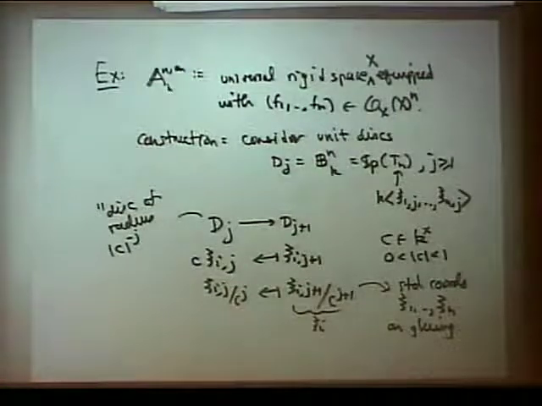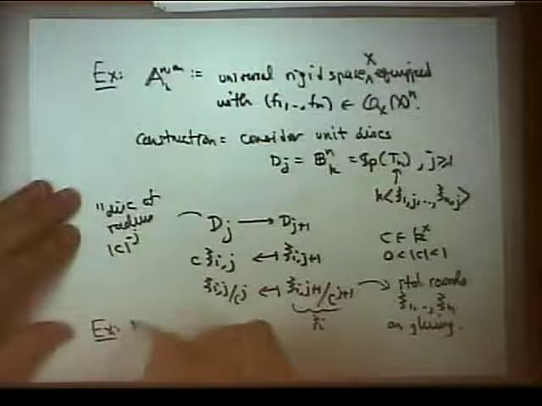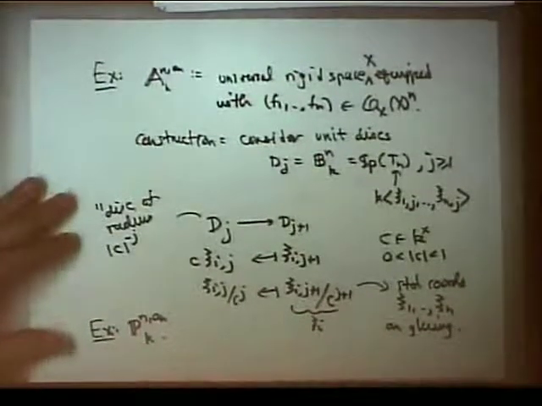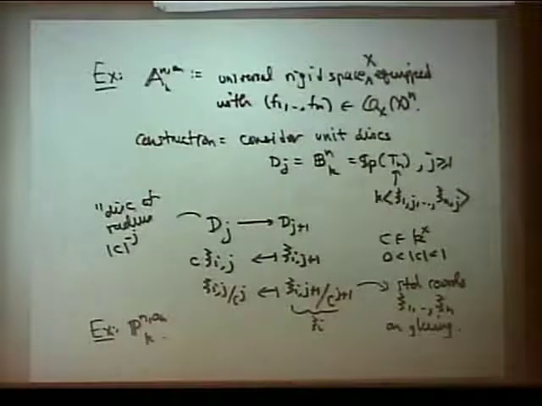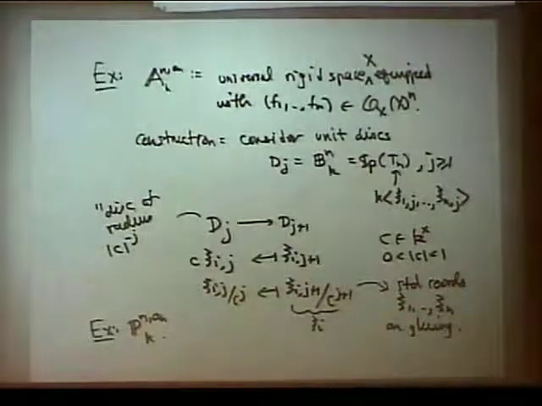Having done that, you can then try to mimic other constructions in algebraic geometry. For example, you could try to construct, I'll just say very briefly, rigid analytic projective space in three different ways or more. One way would be to glue together n plus 1 copies of affine space by the standard formulas on the usual overlaps.